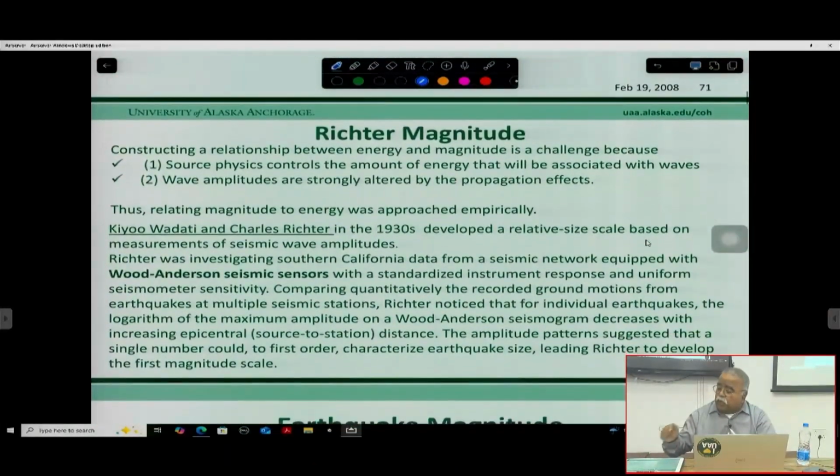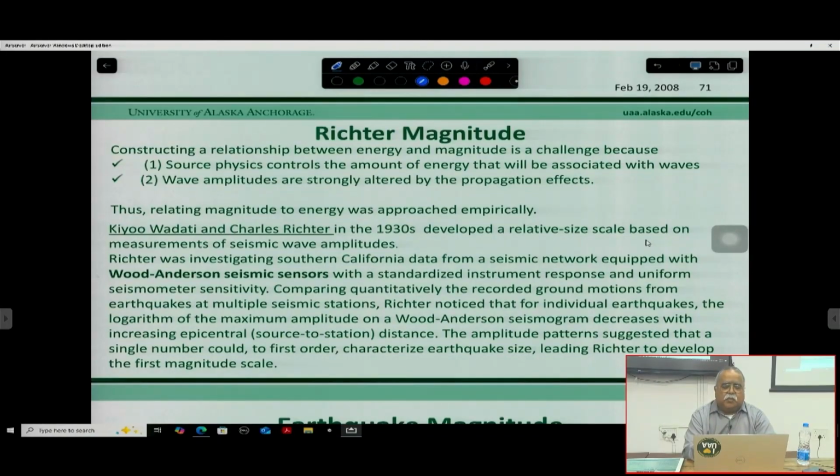Let's first look at Richter, who formulated this scale, which we call the Richter scale, or the Richter magnitude, and sometimes it is also called the local magnitude, or ML scale.